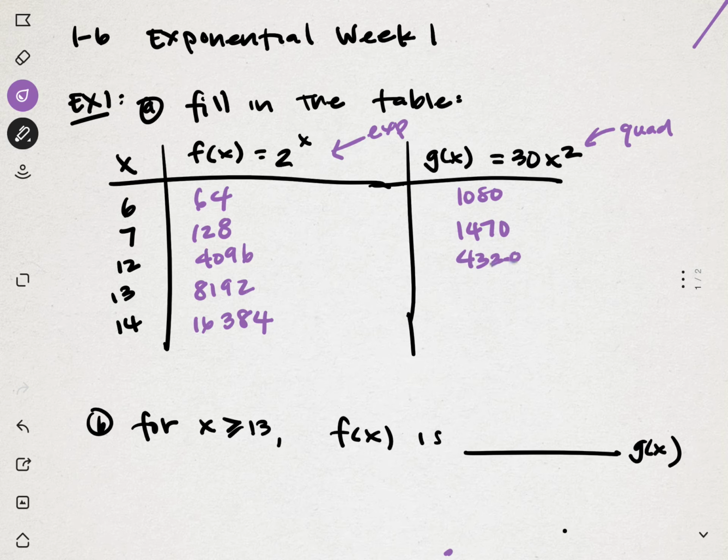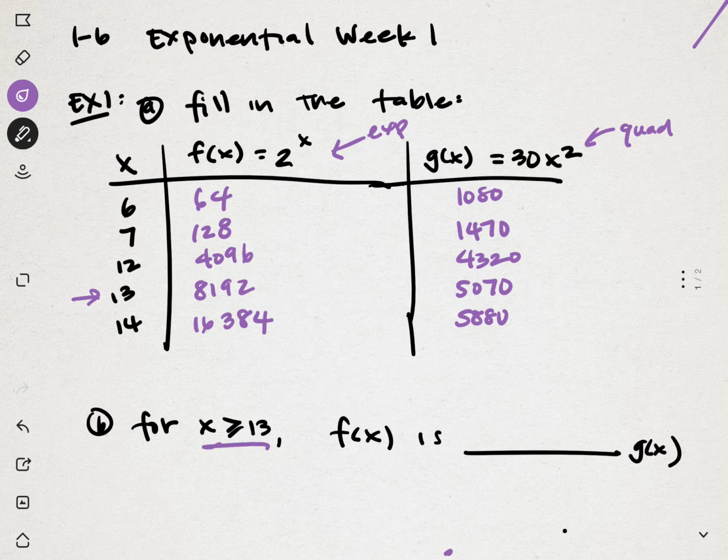And then 30 times 13 squared is 5070. So at this point, when x is 13, the exponential function is bigger than the quadratic, the g of x. And then lastly, 30 times 14 squared is 5880.